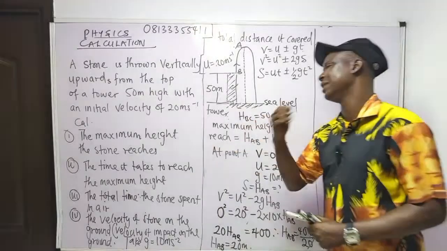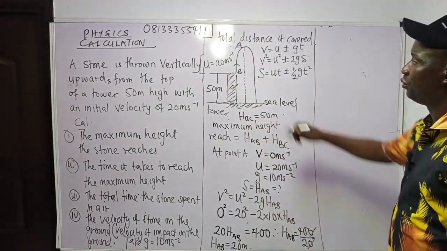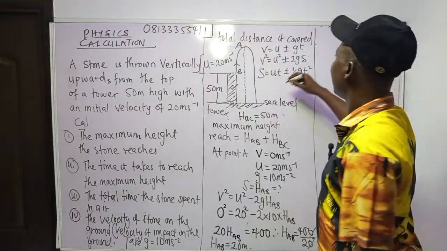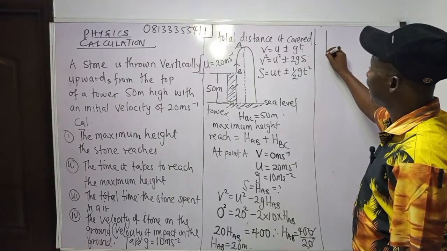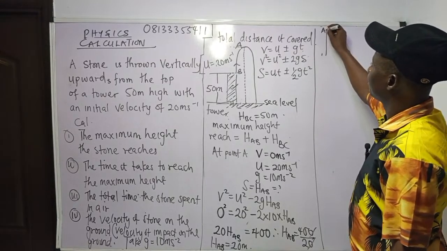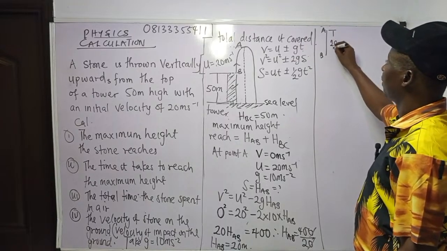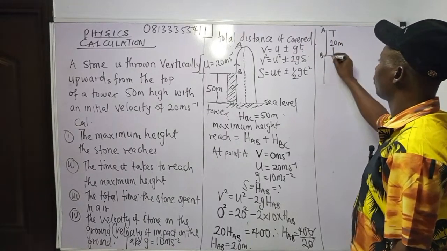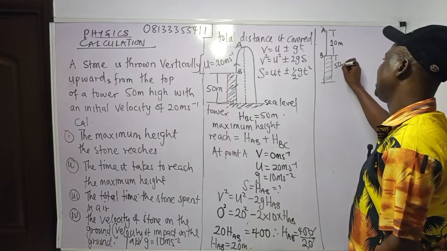Now, look at what we notice here. We have solved for the HB, which is from here to this place. Now, drawing the diagram, you observe clearly that AB is already 20 meter. From the tower to the ground is already 50 meter.